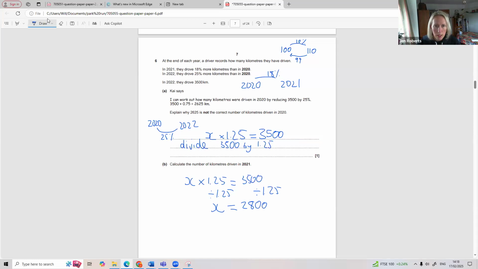We want 2021 though, so we need to increase this by 18%. I'm going to use multipliers. You might use it a different way, but if we've got 100% of it and we increase it by 18%, we've got 118%. As a decimal is 1.18, so we're going to times it by 1.18. Which gives you 3,304 kilometres.